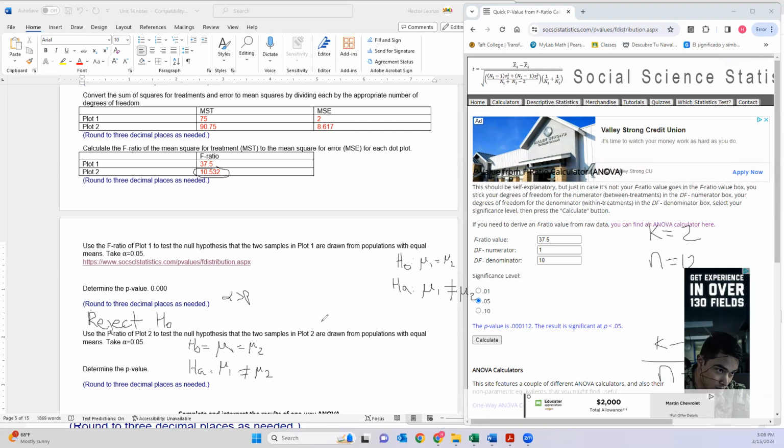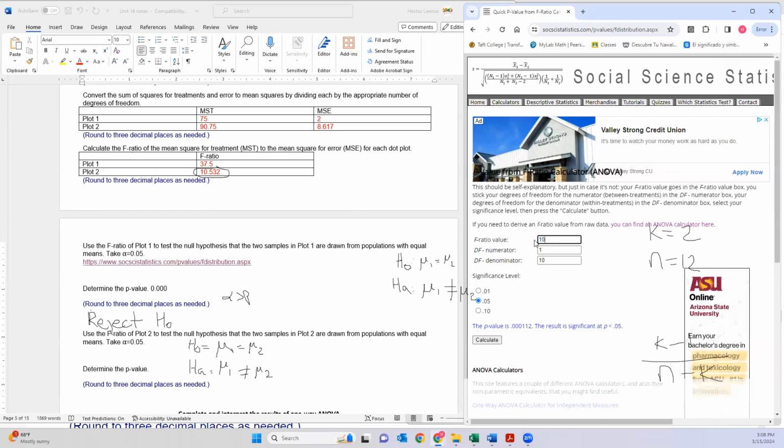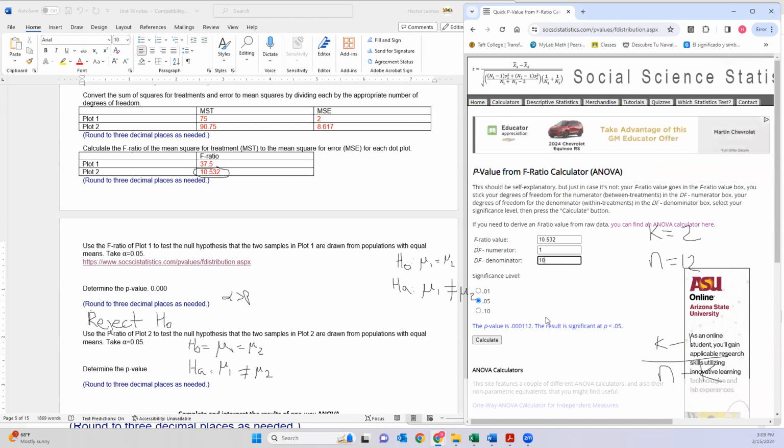Now let me use my calculator here. My F ratio in this case is going to be 10.532. My numerator degrees of freedom is still going to be 1. My degrees of freedom of the denominator is going to be 2. My significance level, I'm using alpha to be 0.05.